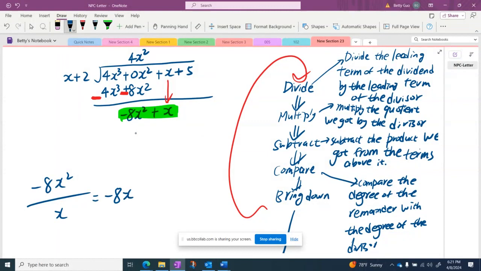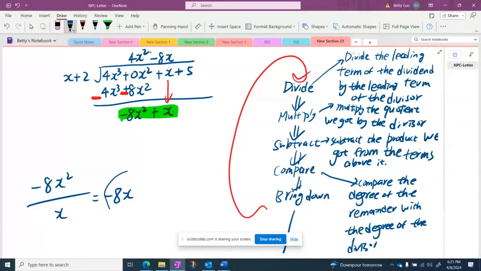Quotient rule. Do you remember where we place the quotient? We place the quotient right above the roof. Make sure we align the like terms vertically. Negative 8x has exponent 1, so we place negative 8x right above positive x. And then multiply.